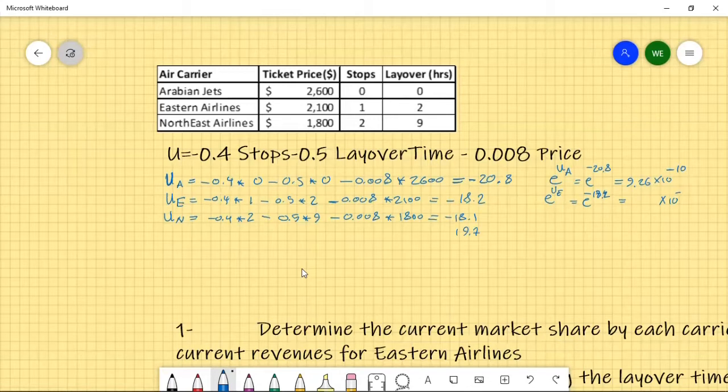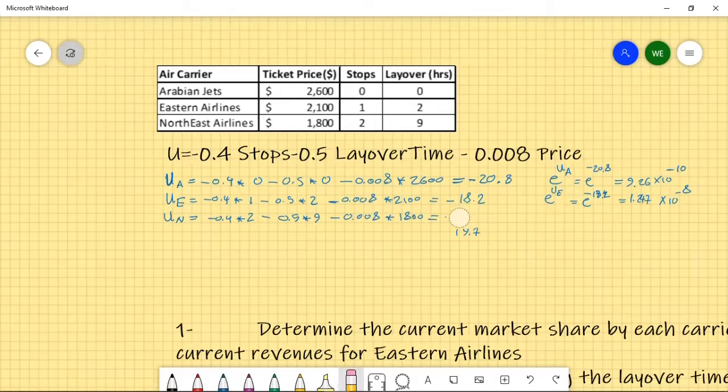So this one, e to the power minus 18.2, is 1.24 times 10 to the power minus 8. And the first one is actually minus 20.8. Yes, it's 19.7. You are right.